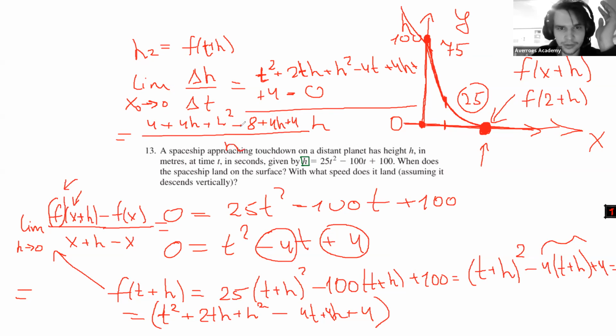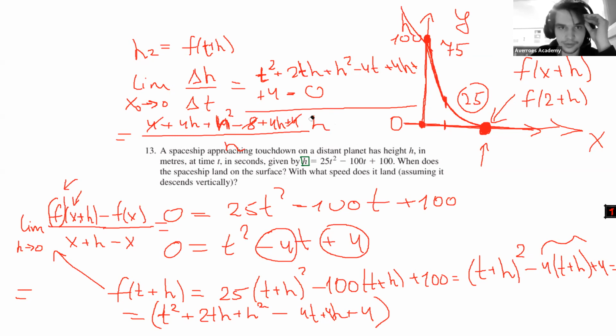Now, this 4h plus h squared. Now we see we can simplify it. Minus 8 plus 4 plus 4.